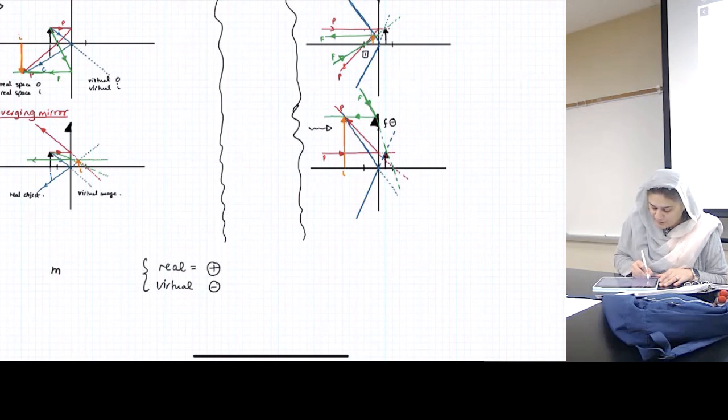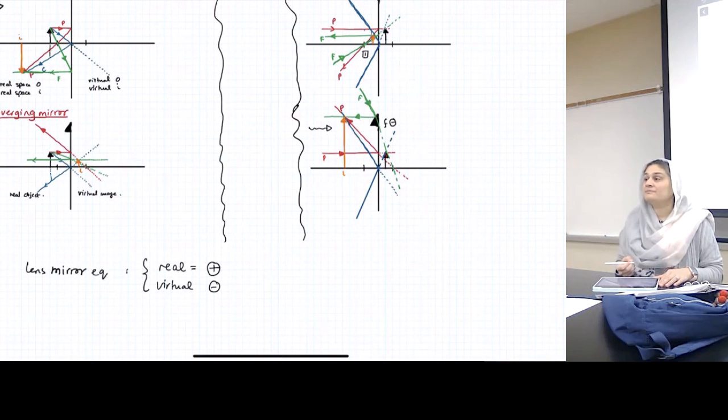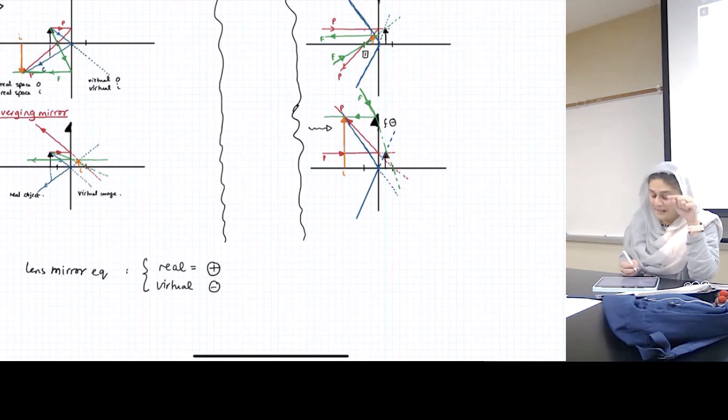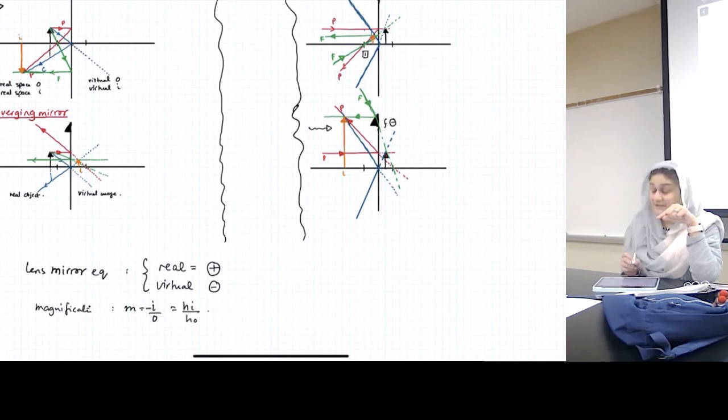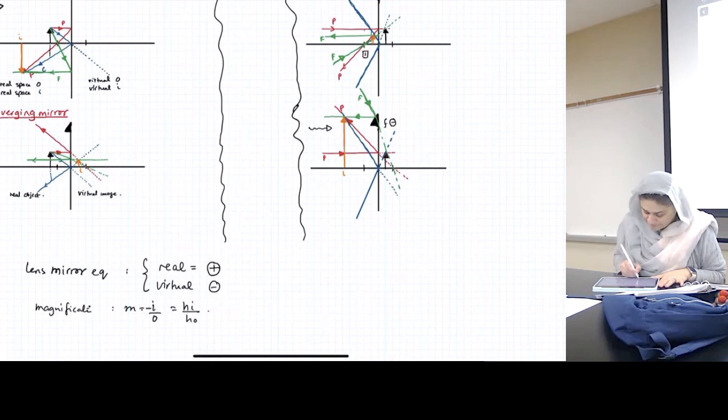So in your lens mirror equation, remember that. And you can also figure out the magnification by using m equals the height of the image over the height of the object. Height of the image versus the height of the object. And the minus sign. Minus. Oh, I forgot the minus.